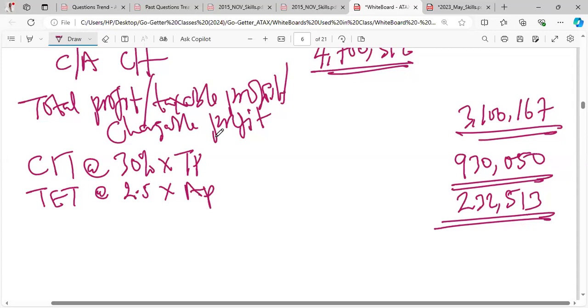So this has been capital allowance part 3. In our next class, we will take something called loss relief.